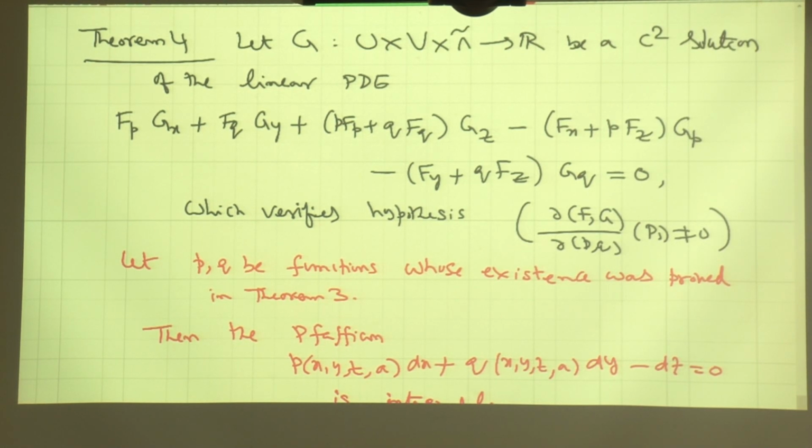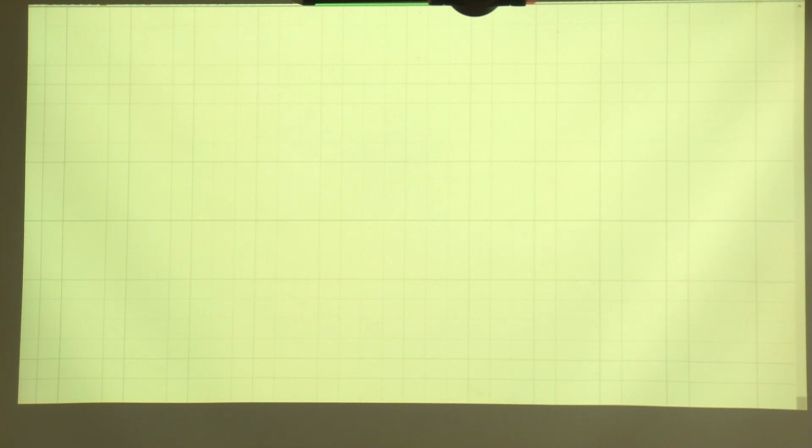Okay? Now the question is, how do you find such a G? It all reduces to finding a G, featuring a parameter and solving this linear equation. How to find G? Very easy.